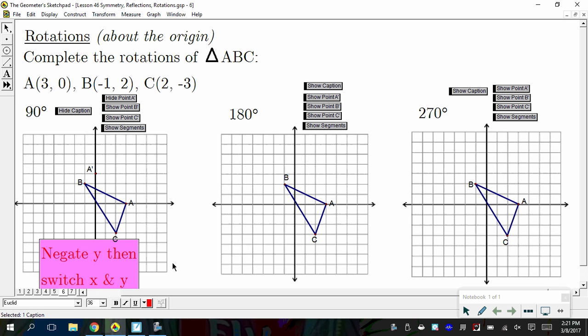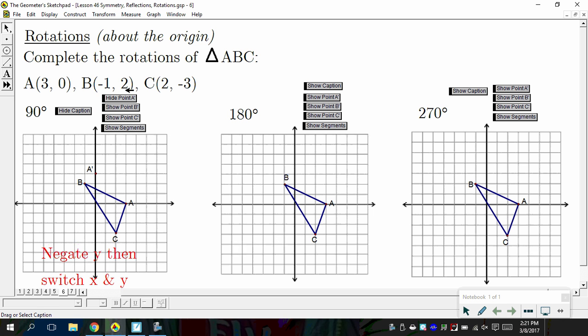Another way to do that is to negate the y coordinate and switch x and y after you do that. So if we negate 0, it's still 0, and then we switch it to be 0, 3.